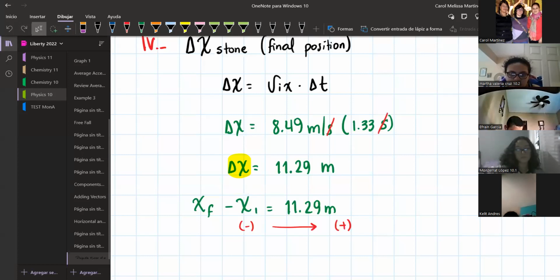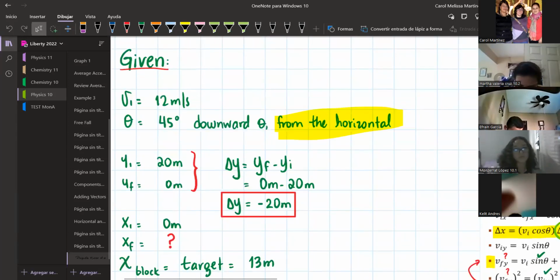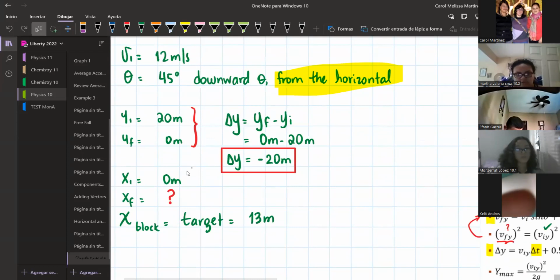Okay. So X initial is subtracting, it goes to the other side to add. So we're going to have the final position of the stone to be 11.29 meters plus the initial position. The initial position, we say that it is given, okay? And the initial position is 0.